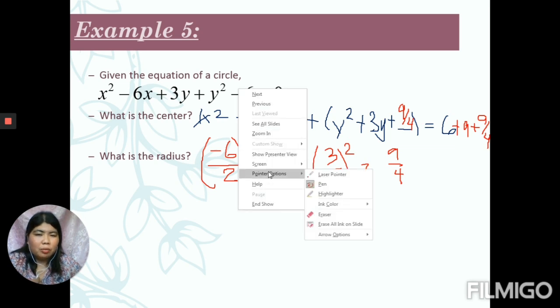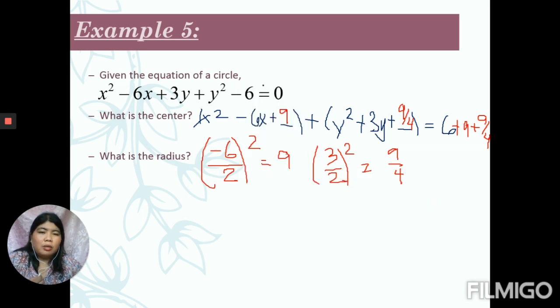So, gawin ulit natin yung proof. To simplify, kukunin nyo lang yung factor nito. To factor, get the square root of x squared, magiging x. Then, square root of this.